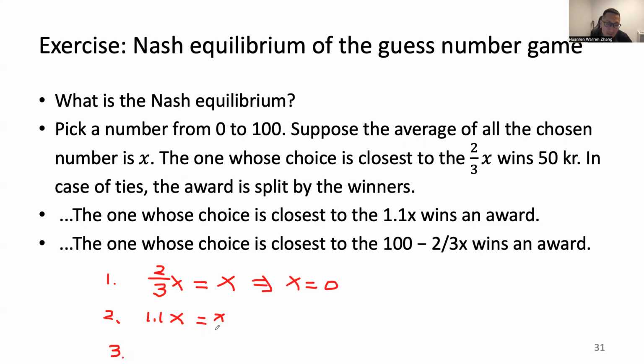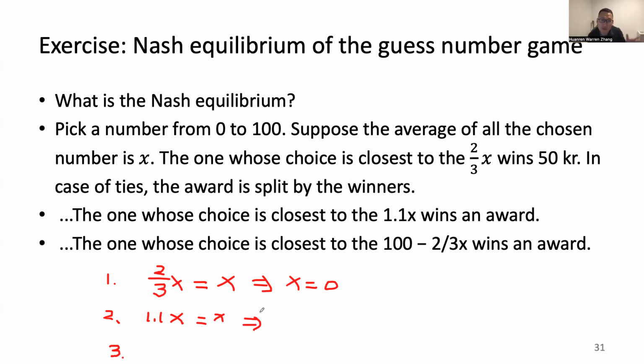Here they can never be the same, right? So let me think. Here I guess you need to say there's a bound for x. It's between 0 and 100. So when you have an x average, the number will always be greater than x.